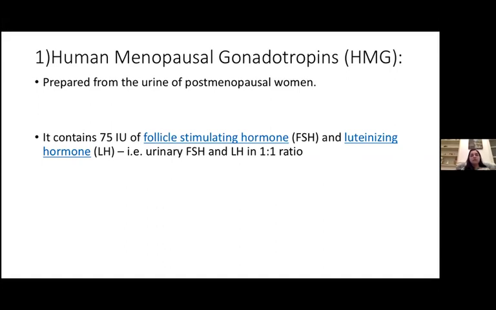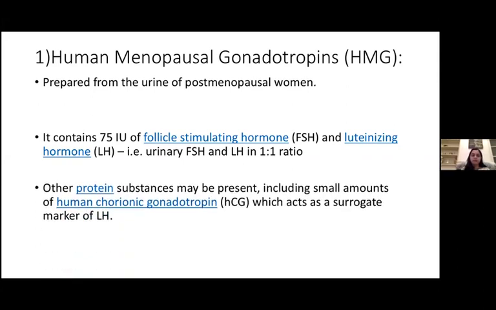You will say that, sir or madam, it contains 75 international units of FSH and 75 units of LH. Both of them are in the ratio of 1:1. Whereas if you are given a 150 in your hand, you will say that it contains 150 of FSH and 150 of LH. That is, again, both are in the ratio of 1:1.